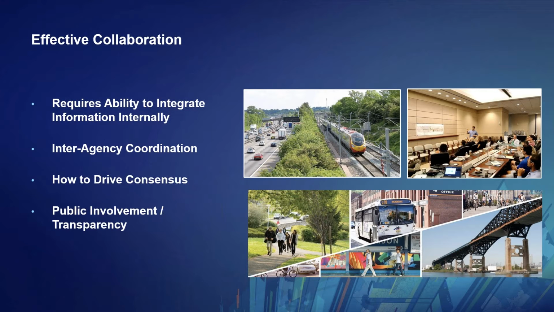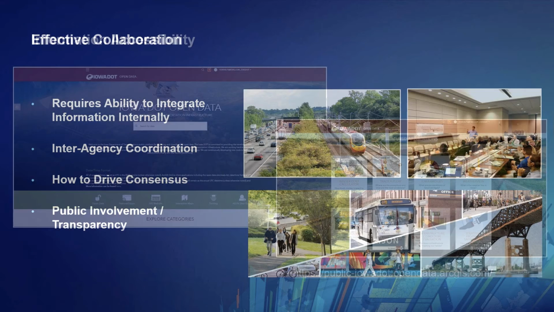And then once we have consensus internally, how do we communicate that to the public, and how do we involve the public in understanding and engaging in the type of transportation decisions that we make at the DOT level?